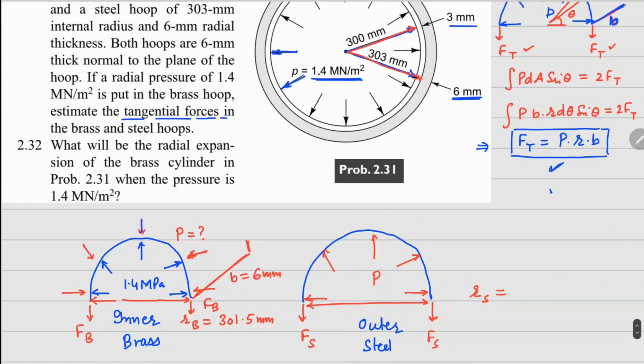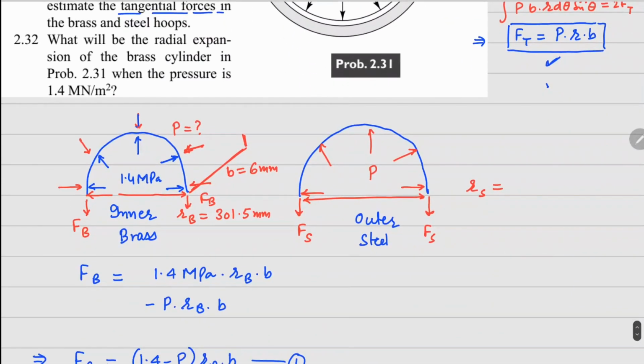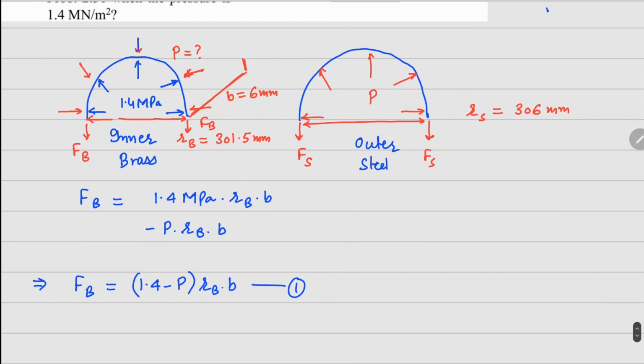So inner one is 303 and the outer one here is 309. So an average is going to be 306 mm here. So in this case, your Fs can be written as P times Rs times B. This is our second relationship.